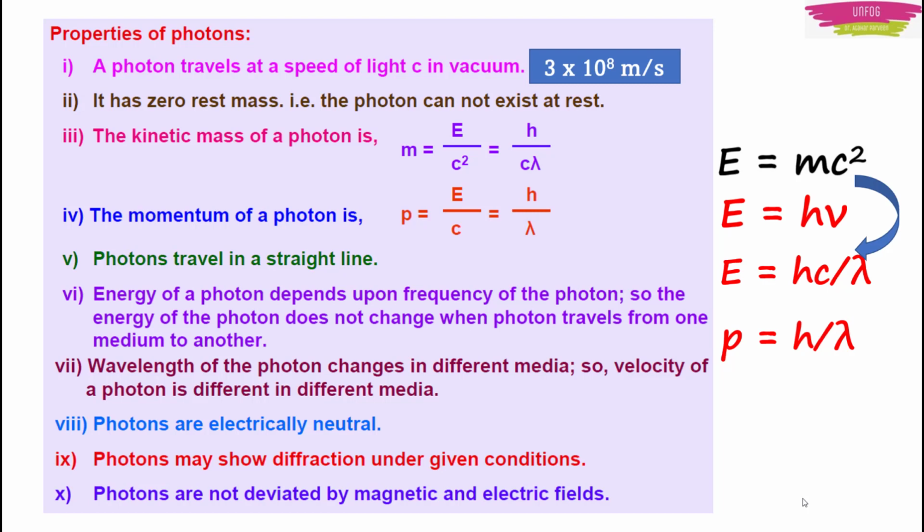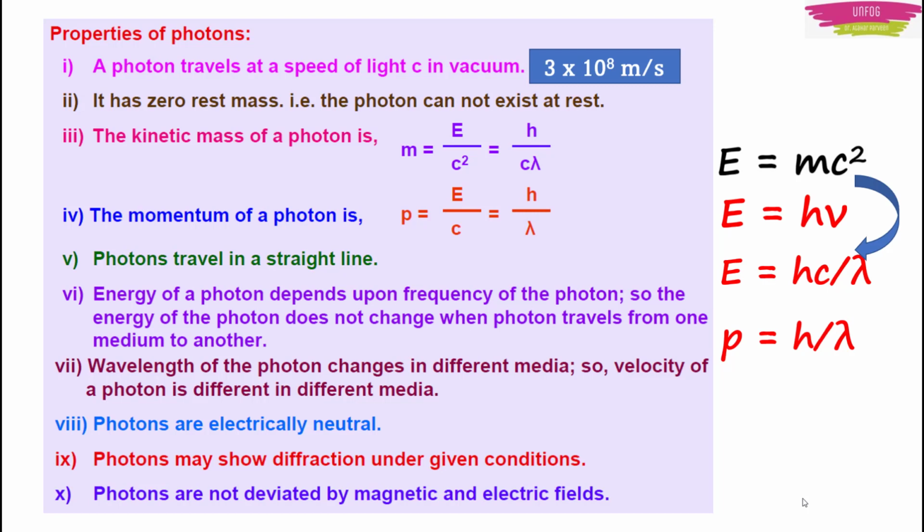Now if lambda is changing, it means there is some change in the medium. And if it is changing, the velocity of the photon will also change. So the moral of the story is that if the photon is traveling in a different medium, its energy will not change, but its velocity will change. That is because of wavelength.